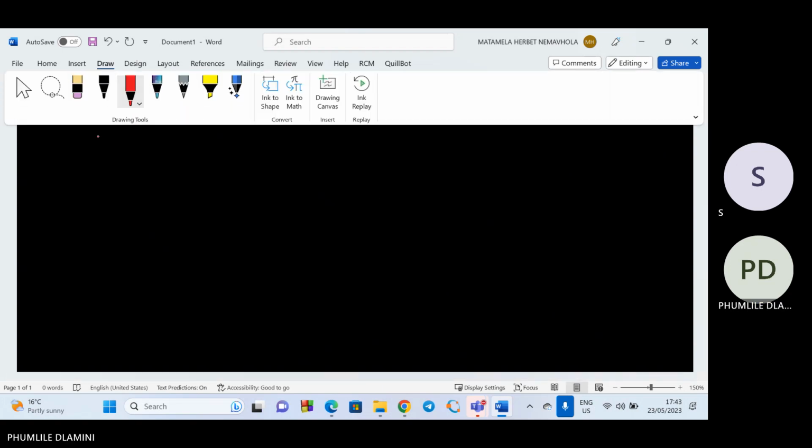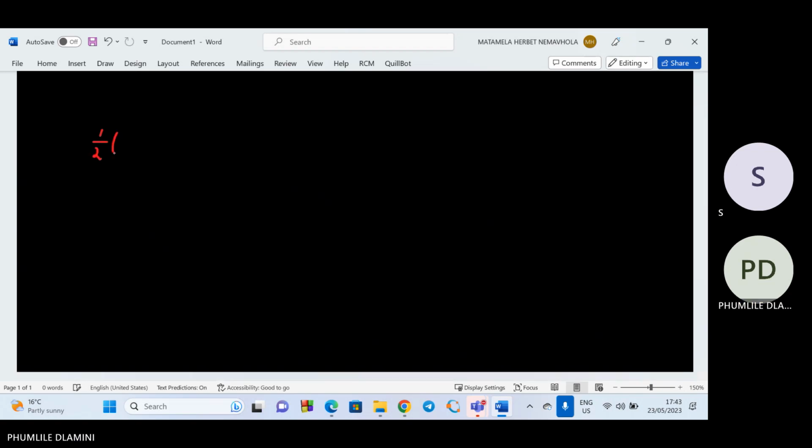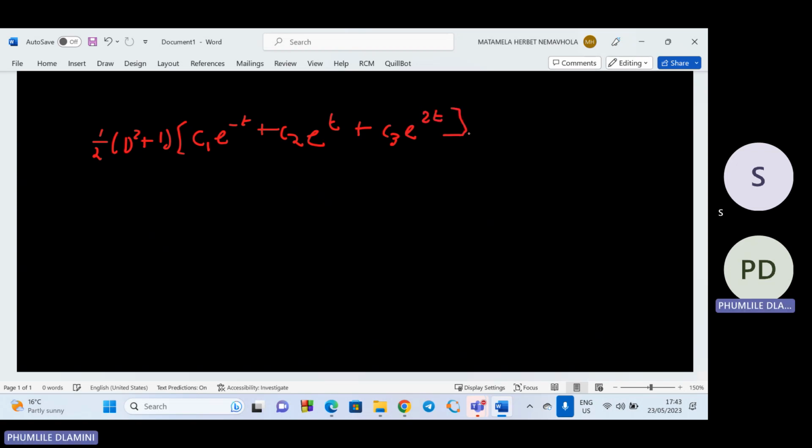Then when we substitute, we have 1 over 2 of (D squared plus 1) of c1 e to the power negative t plus c2 e to the power t plus c3 e to the power 2t, and then we also have minus t. This is equal to D of x2.